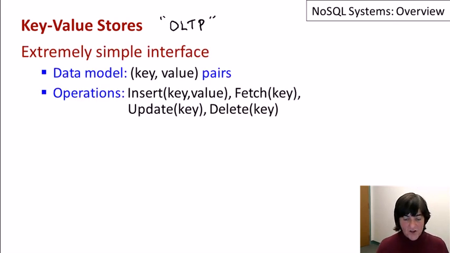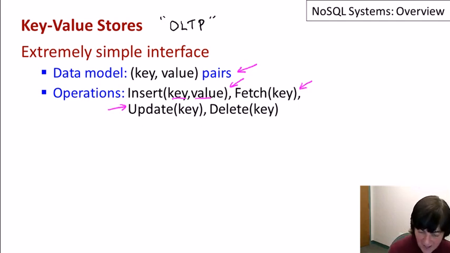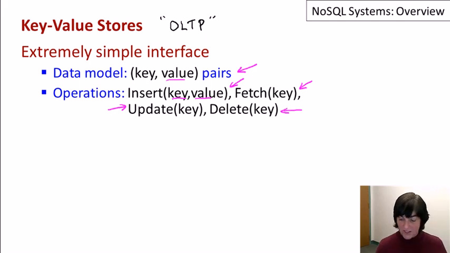And so the key value stores are extremely simple. The data model is just pairs of keys and values, not surprisingly. The basic operations are simply to insert a new record, so you provide a key and value, to fetch a record by its key, to update the value in the record for a given key, or to delete the record with a given key.